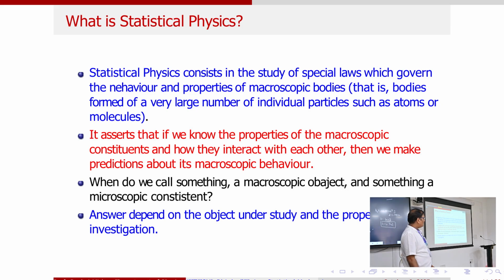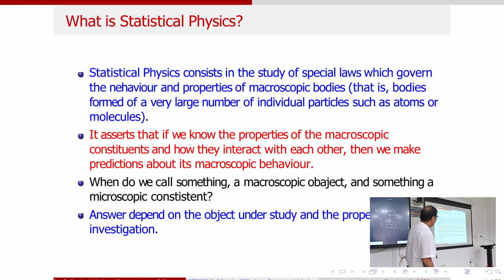Statistical physics consists of the study of special laws which are required to deal with systems which are macroscopic in size. When I say macroscopic in size, I mean systems made up of a large number of constituent particles.